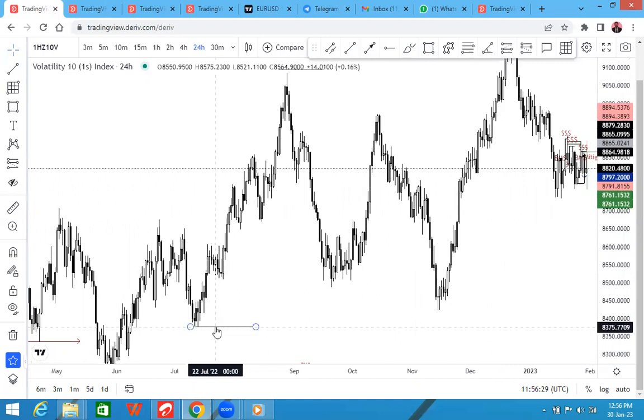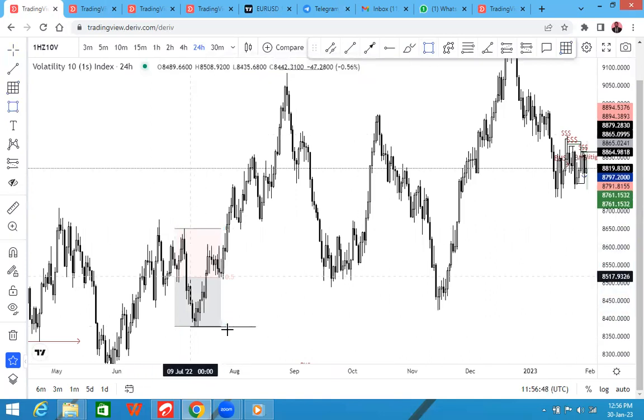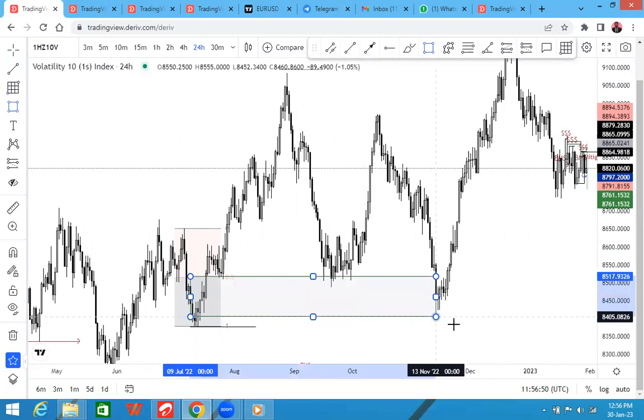So this was the range low and the range high. You were waiting for all of these: expansion, retracement. This was the last expansion. So I would have just taken 50% of all of this last move, and wait for price here.